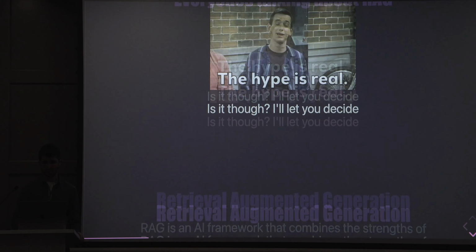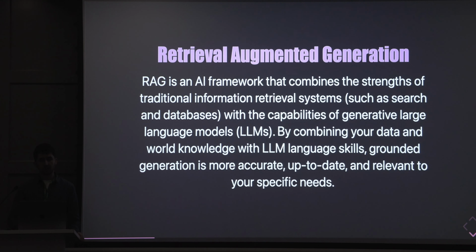I'll let you decide. What is actually RAG? With the rising popularity of LLMs and ChatGPT and OpenAI and all of their competitors, one of the most popular use cases for how you can use it in your products and tools is to hook it up with your own internal database of documents that might not be exposed to the internet, and you cannot search for it in Google, for example.